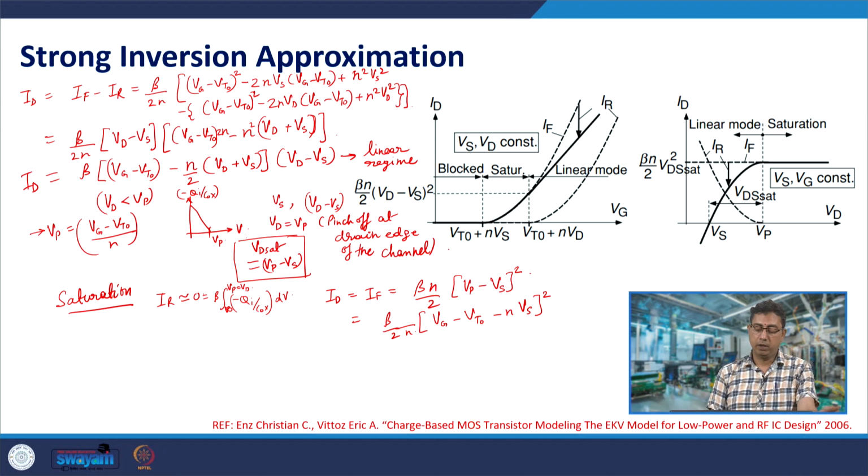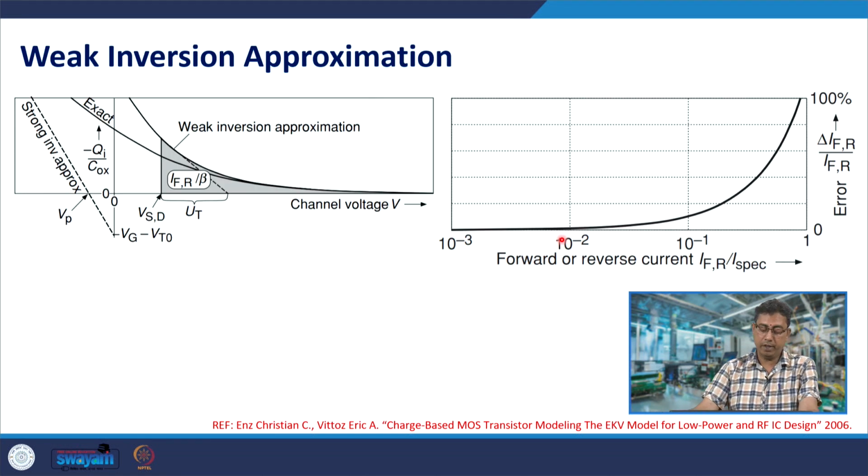So, this is similar to the expressions that you usually find in textbooks. The only thing is that you have the slope factor which has been taken into account, and qualitatively the expressions are similar. So, now let us look at weak inversion approximation and how the current would behave in weak inversion.